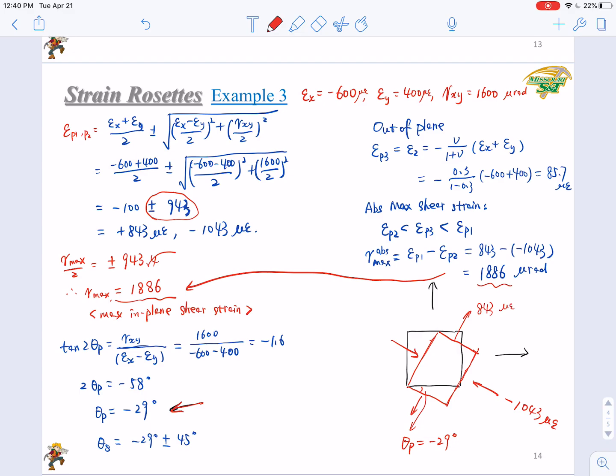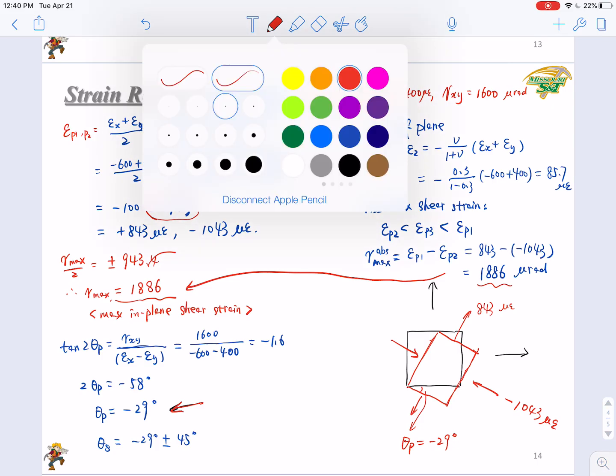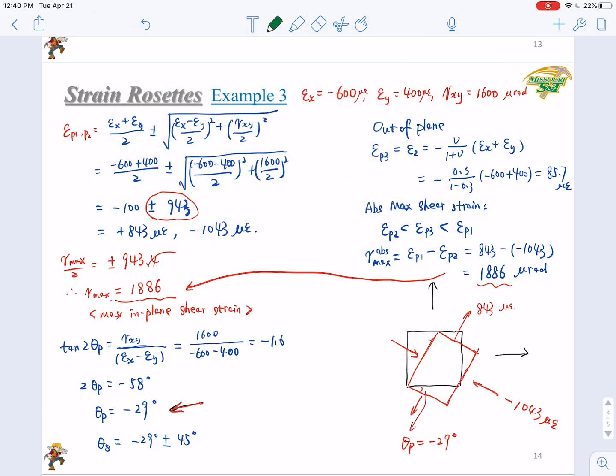Then how about the maximum shear strain? As we just derived here, let's use green color. As we denoted here, the angle theta s will be negative 29 plus or minus 45 degrees.